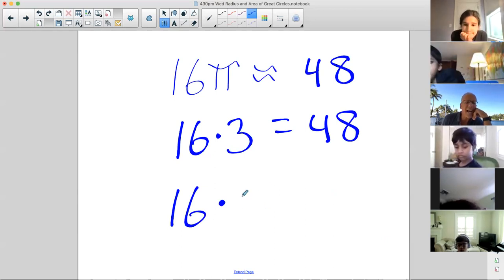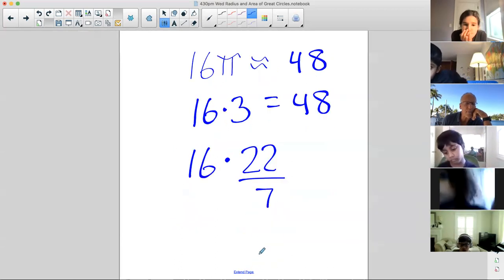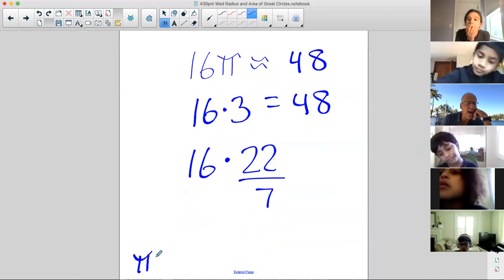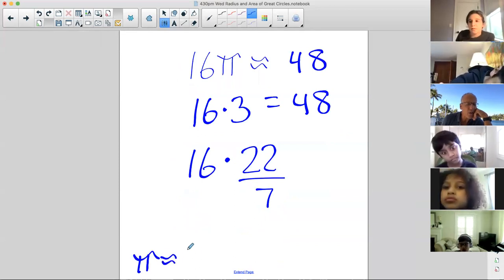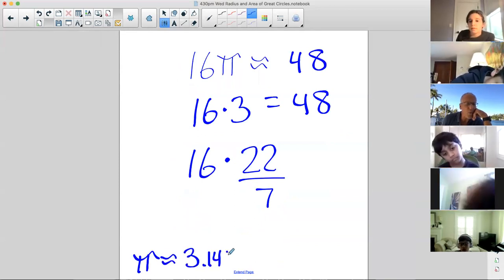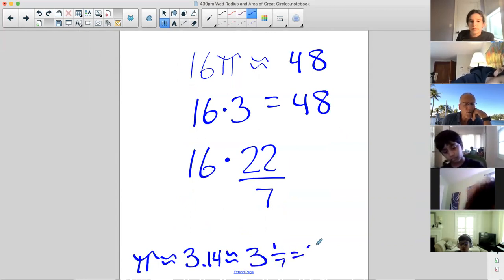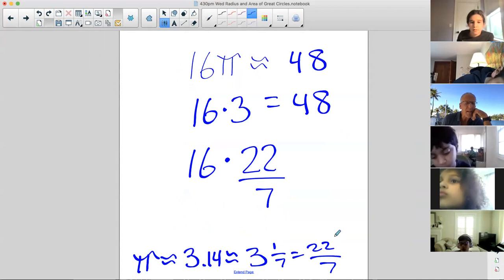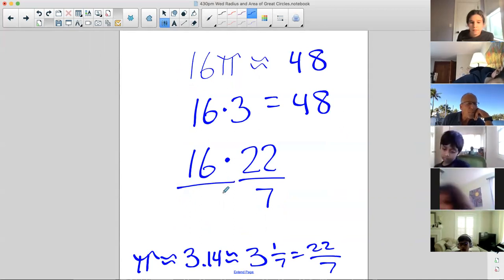22/7. Yes, because you know that 22/7 is very, very close to 3.14, 3 1/7, 22/7. Now, multiplying fractions.